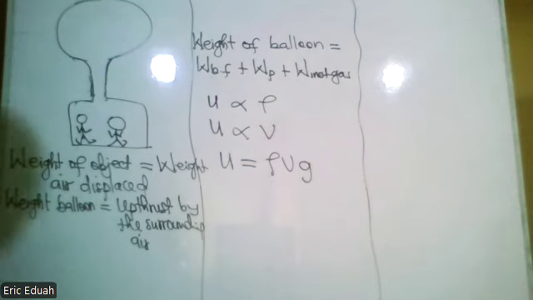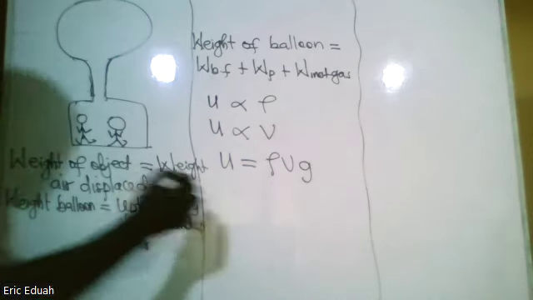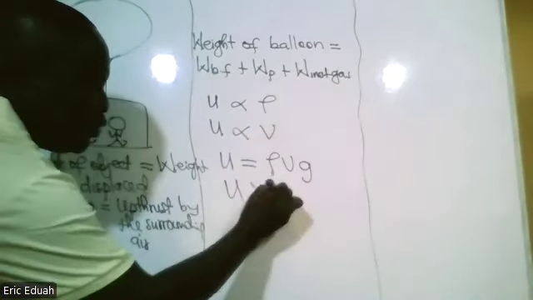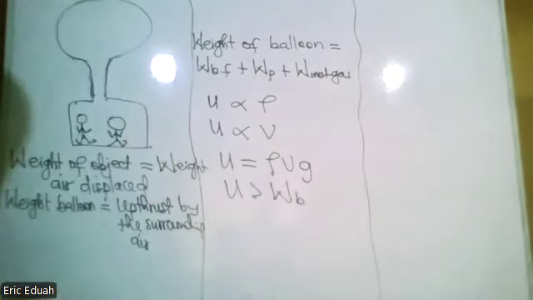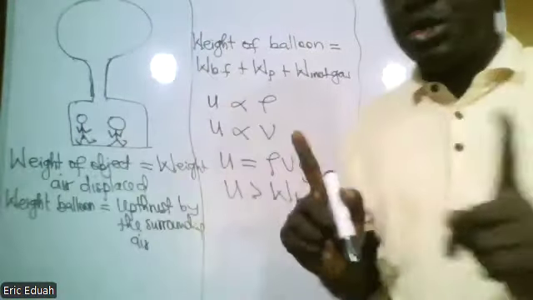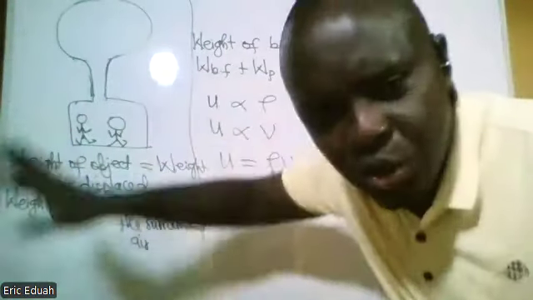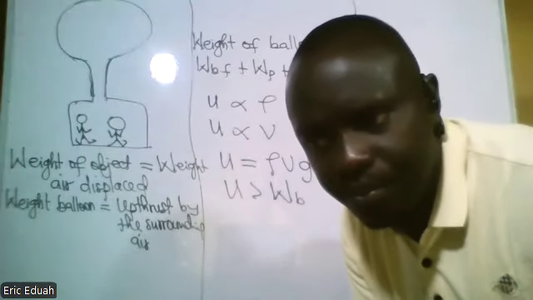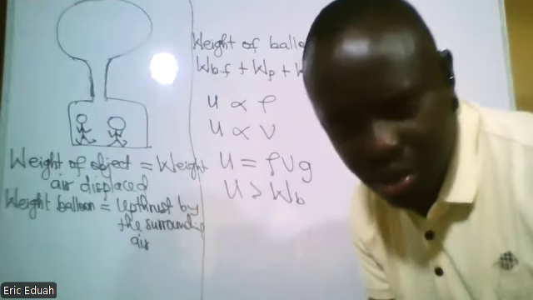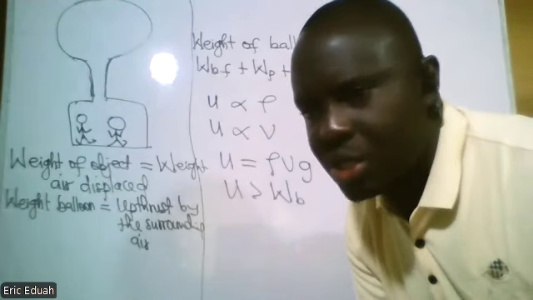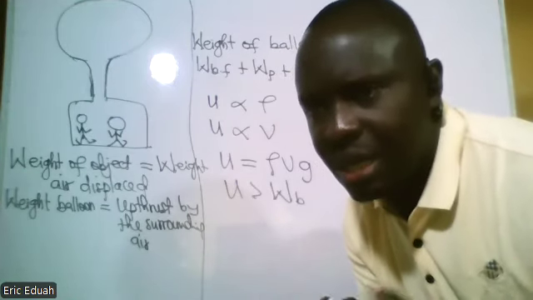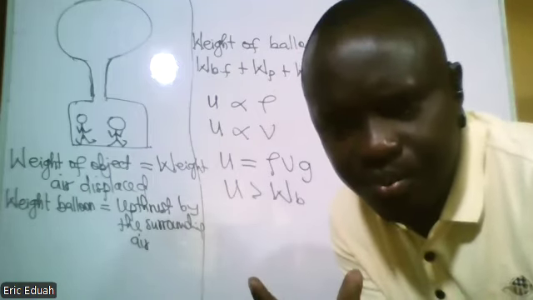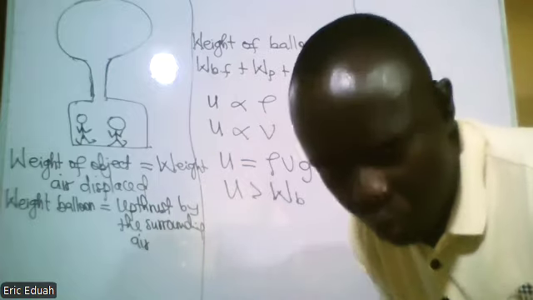Now, because U must be greater than the entire weight of the balloon, what they usually do is that the balloon is filled with inert gas, such as hydrogen, helium, or argon. Argon is usually the preferred inert gas. Inert gases are very, very light. Their density is so low.